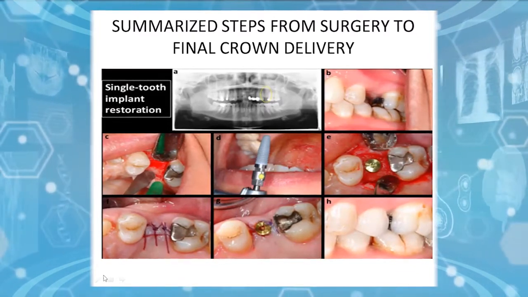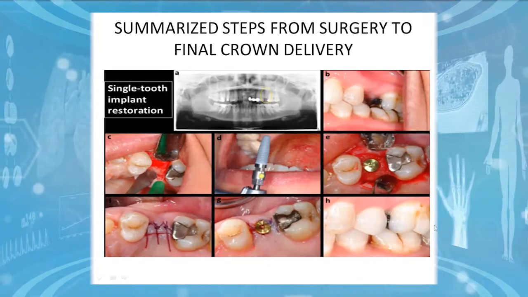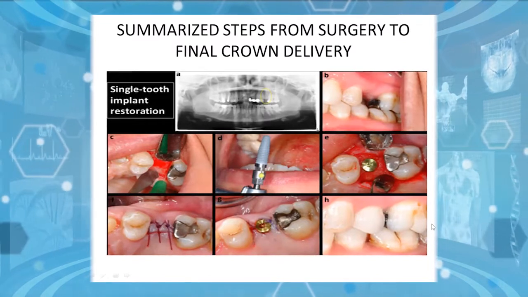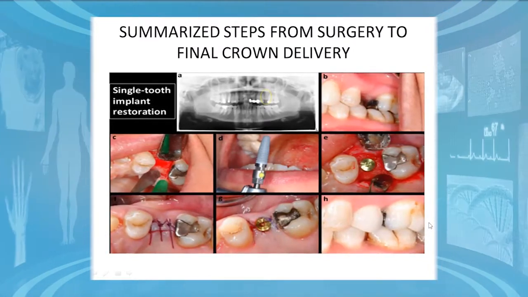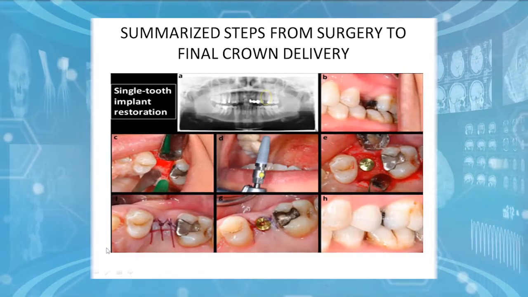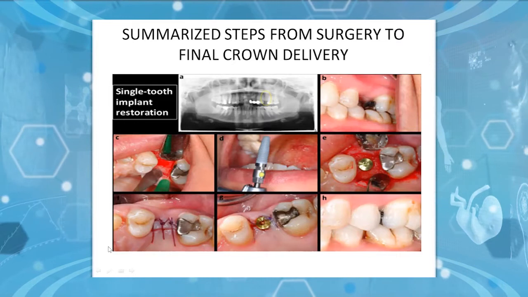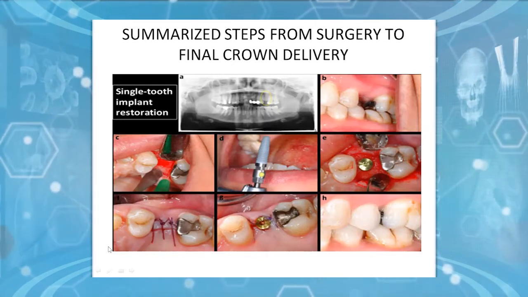These are the summarized steps from the final crown delivery. You can see a single tooth implant restoration. This patient was missing a maxillary left first molar on the OPG X-ray. In picture B, it's the empty space with the missing tooth. You see how we exposed the soft tissue and how we placed an implant.